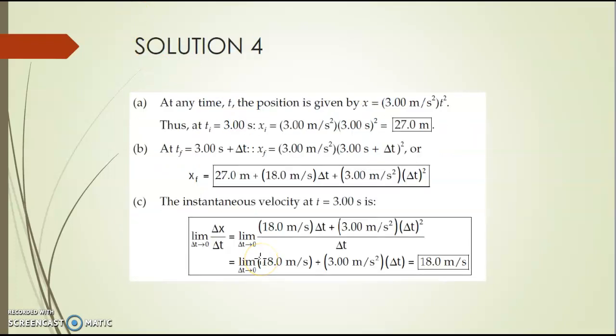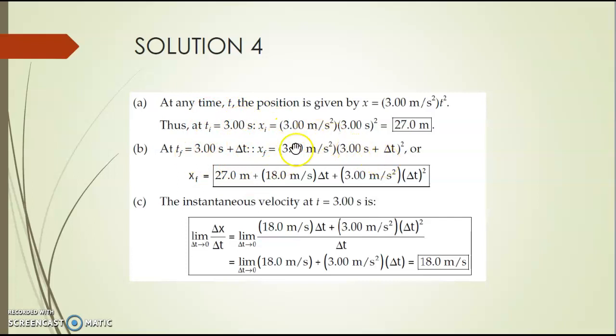So here is our solution. For letter A, we are given this formula. Therefore, we're just going to substitute the time for 3 seconds. So 3 multiplied with 3 squared, we're going to have a position of 27 meters. Next, at 3 plus delta t, we don't know yet what delta t is, therefore it's a variable.